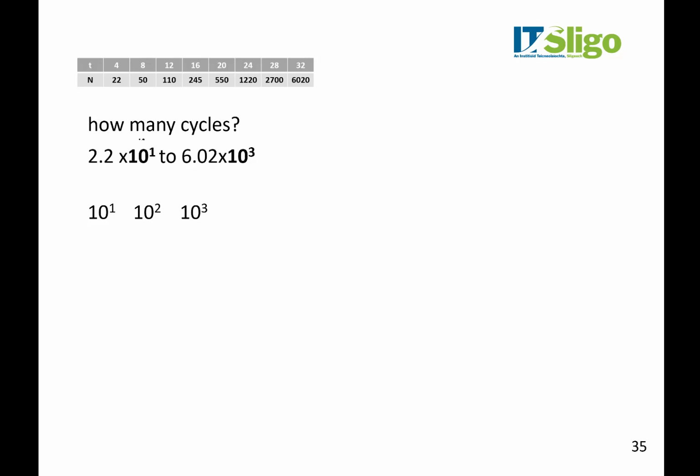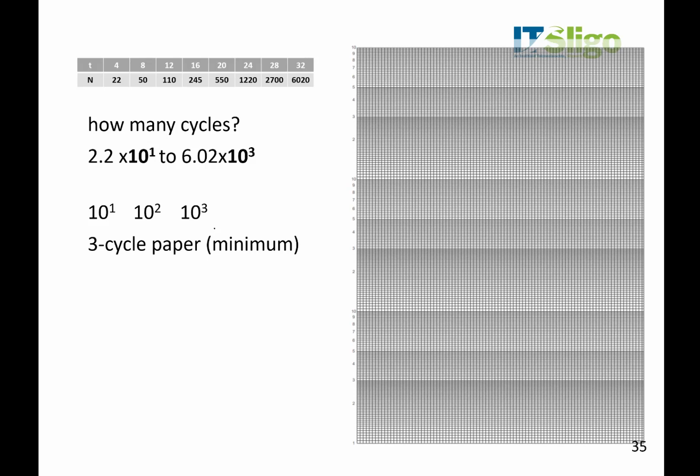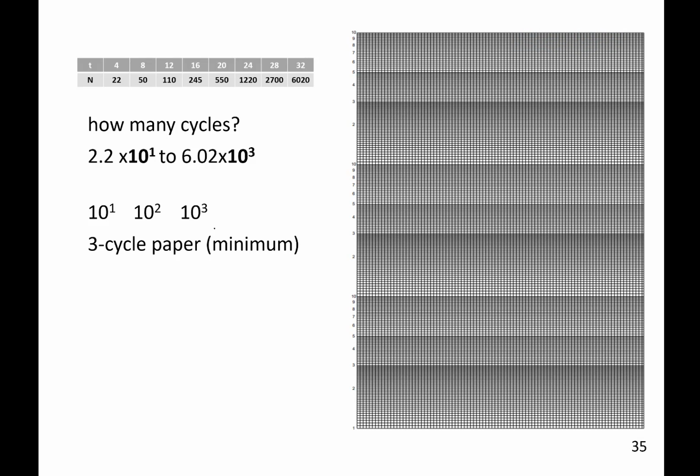So here's my lowest value. Here's my largest value. This is just what I was saying on the previous slide. So these are the cycles I need to accommodate. So I need at least 3 cycle paper. So that's what I've used. Often in your case, it might be better to choose 4 cycle, but it gets very cramped when I'm trying to explain it on a slide.